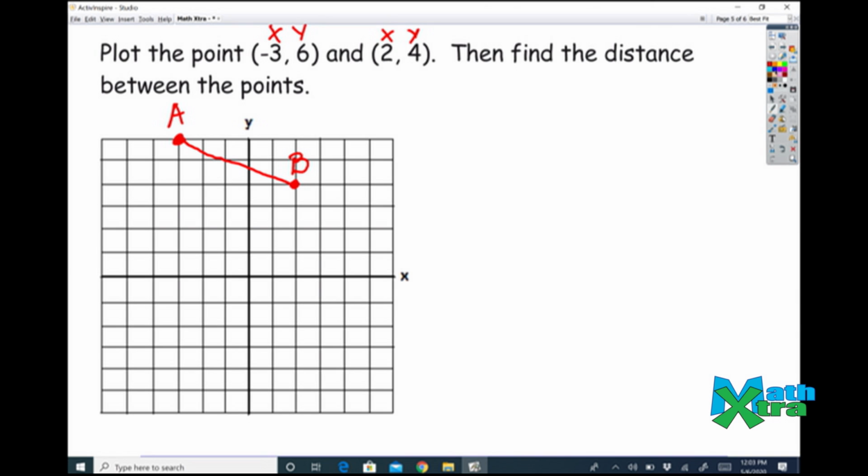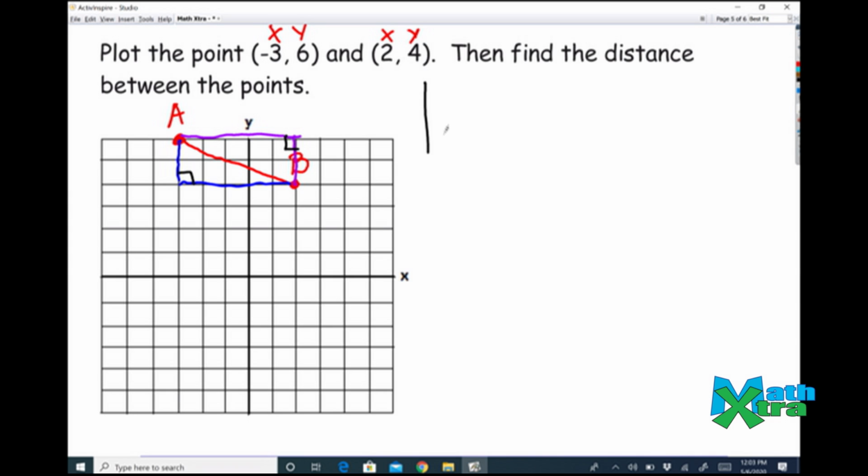All right, so if I wanted to make a right triangle, I could do this. All right, I could do that. Or I could, in essence, go up this way. So I have two options for my right triangle. Doesn't matter which one I do.